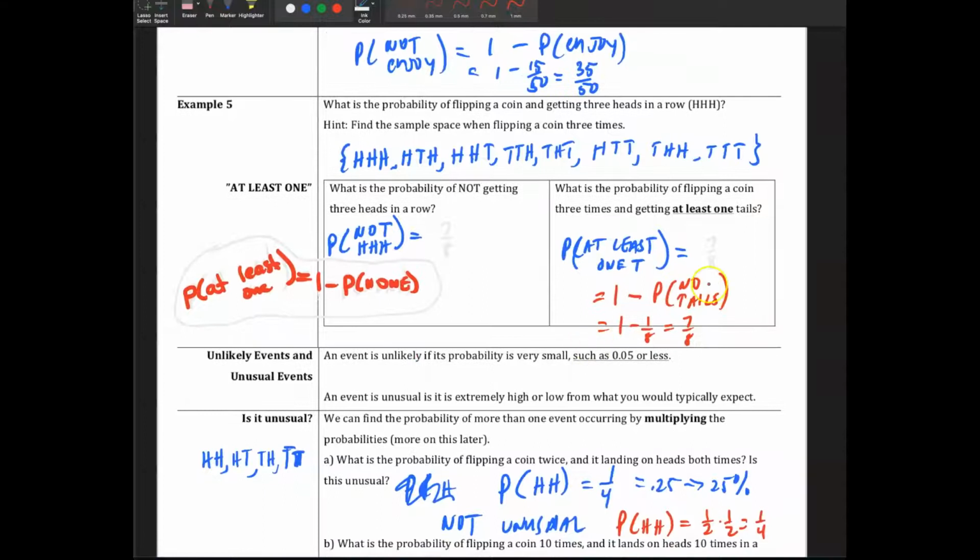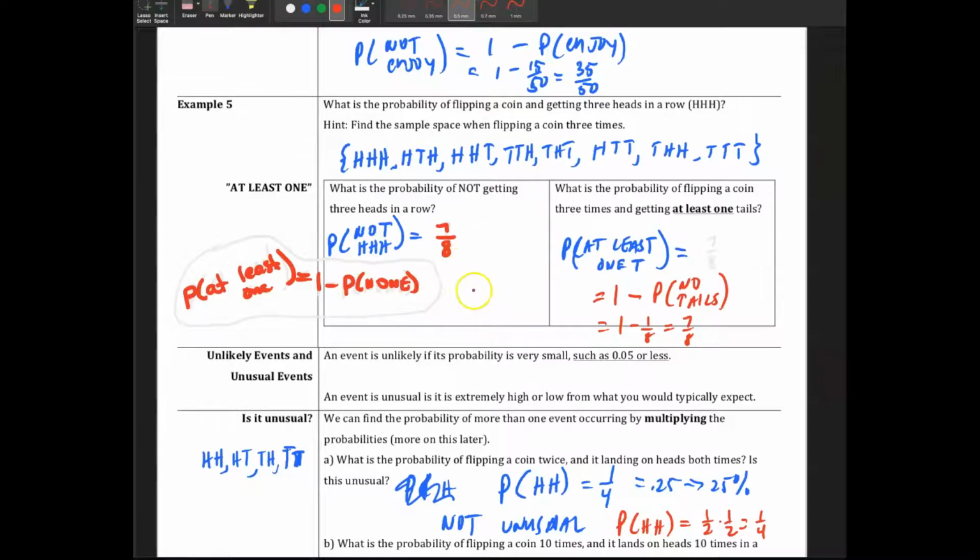Now that you've looked at that, we have a rule, a formula, to solve what are called at least one probabilities. What's the probability of not getting 3 heads in a row? Looking at our distribution here, it's 7 out of 8, because there are 7 outcomes that are not all heads out of 8.